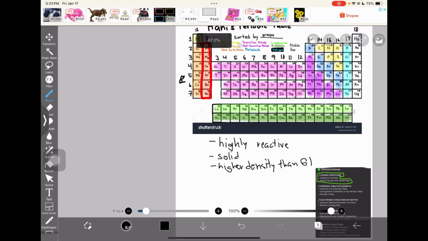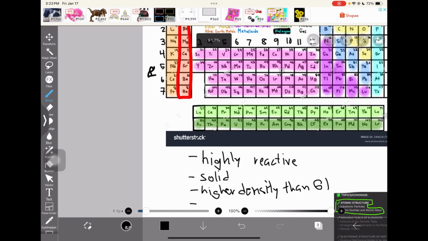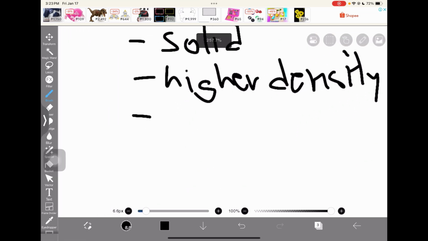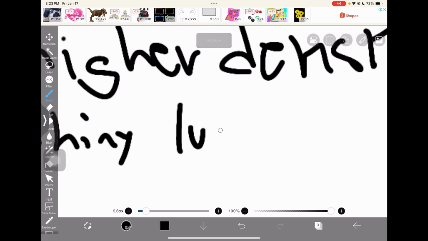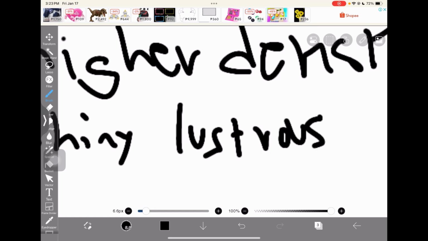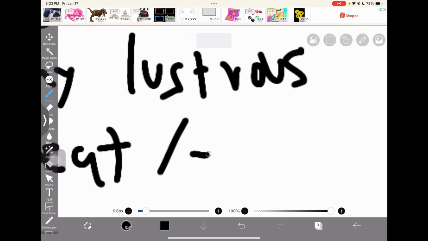And despite not having this, they're still part of the metals. So they have the metals properties, which means shiny, lustrous, heat and electricity conductors.